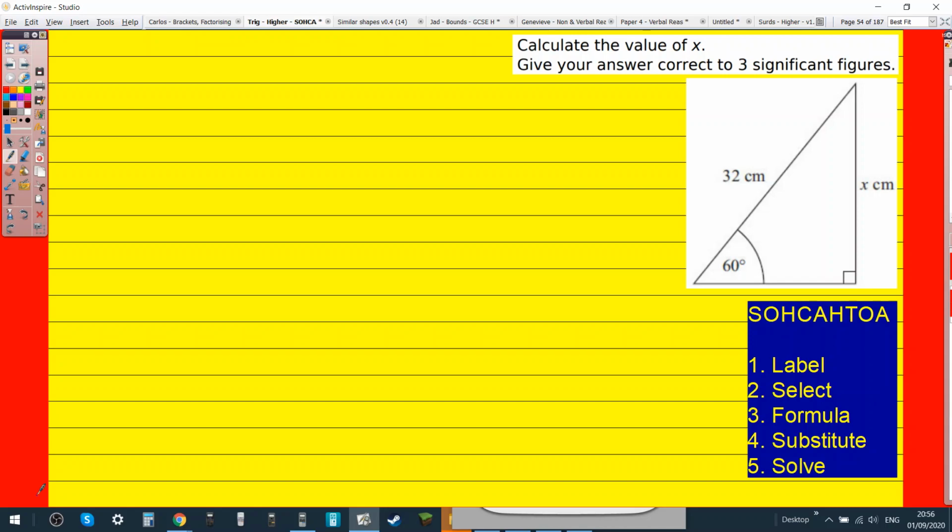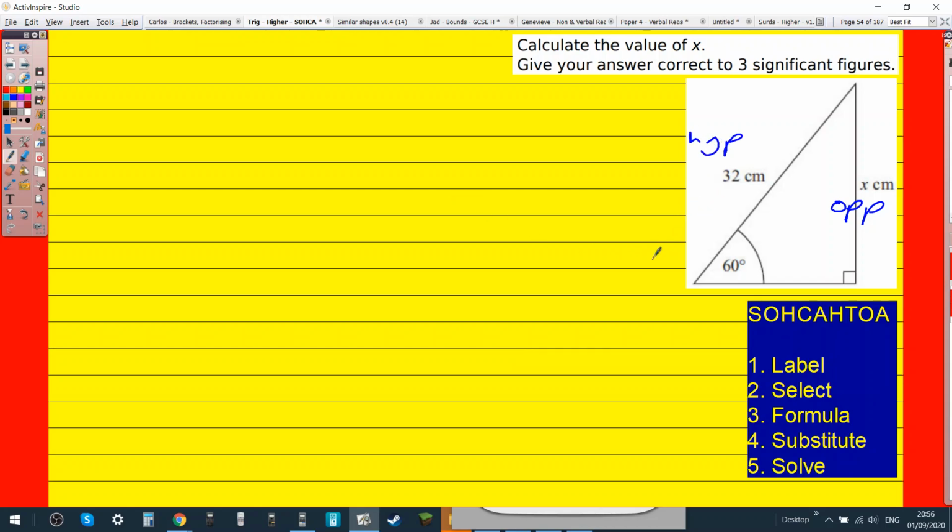So for this one, is it? So would 32 be the opposite? No. I mean X. Yep. X is opposite. And 32 is the hypotenuse.